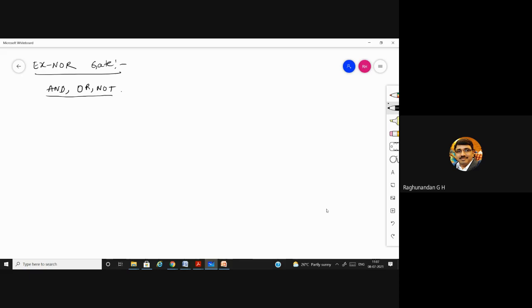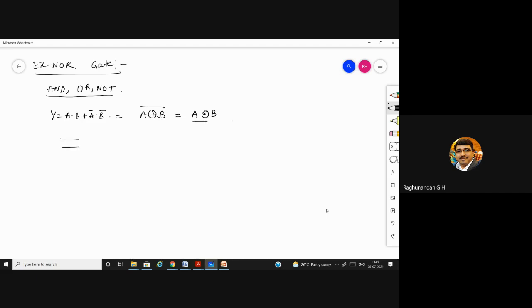So the expression for this is y is equal to a into b plus a bar into b bar. That is equal to a exclusive OR b whole bar, written with the exclusive NOR symbol. A circle with a dot indicates the exclusive NOR symbol.